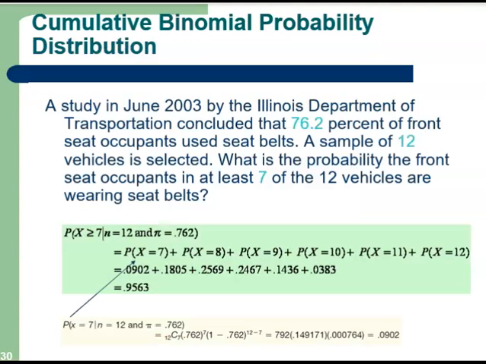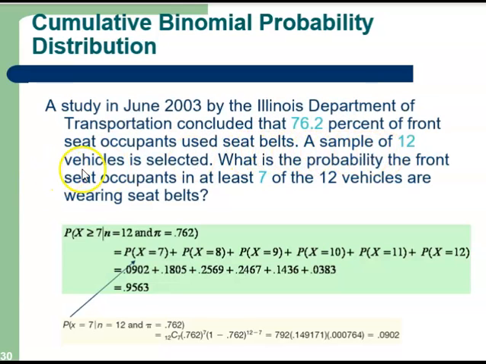Alright, so let's have an example so we can solve this problem using Microsoft Excel. It's saying that a study in June 2003 by the Illinois Department of Transportation concluded that 76.2% of front seat occupants used seat belts.